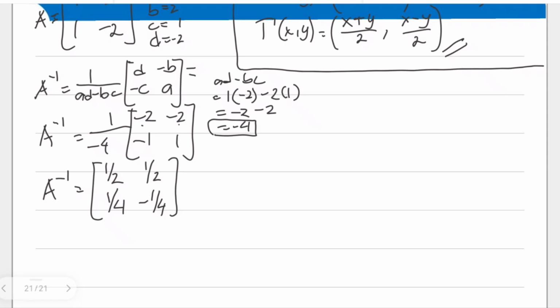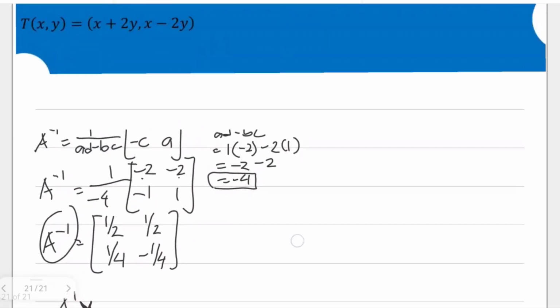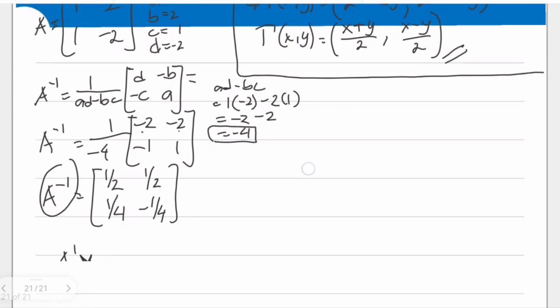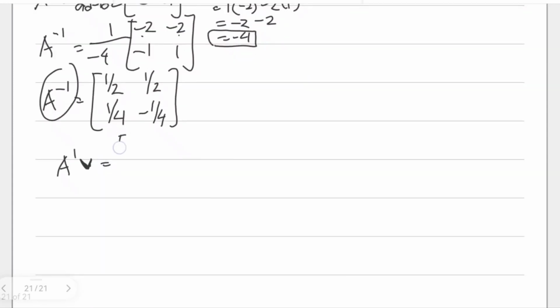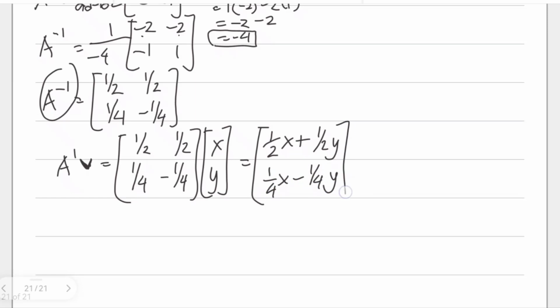Now after we have our inverse, we're going to multiply this with a certain vector, again represented with x and y. So you have here 1/2, 1/2, 1/4, negative 1/4 times x and y, which will give you 1/2 x plus 1/2 of y, then 1/4 x minus 1/4 of y.